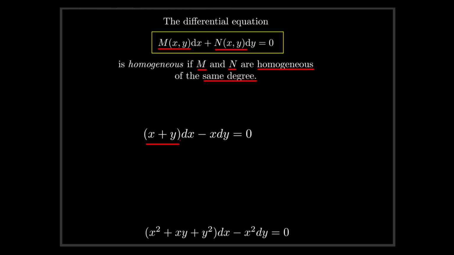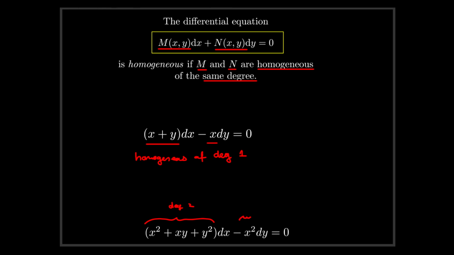A very simple example is given here. If m of xy is equal to x plus y, and n is equal to x, then both of these are homogeneous of degree 1. Similarly, if we look at this equation at the bottom, this will turn out to be homogeneous of degree 2.